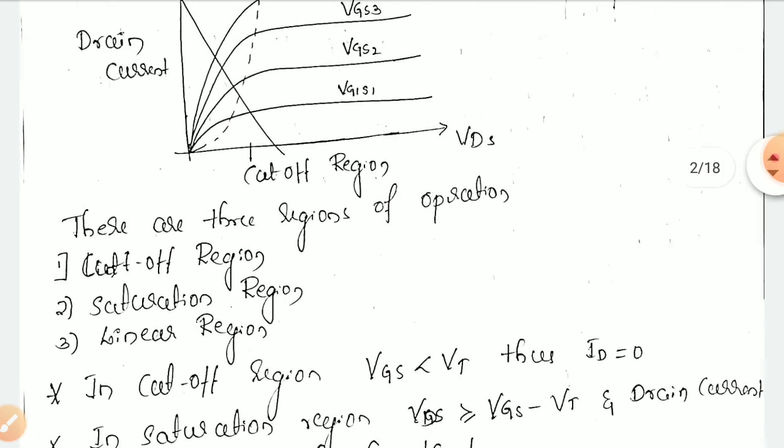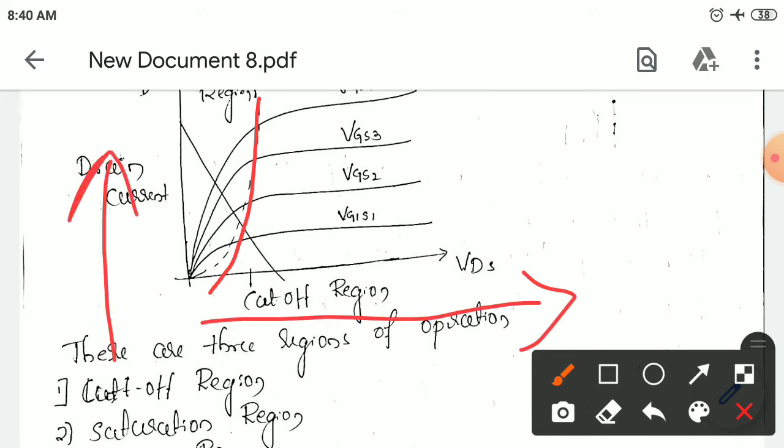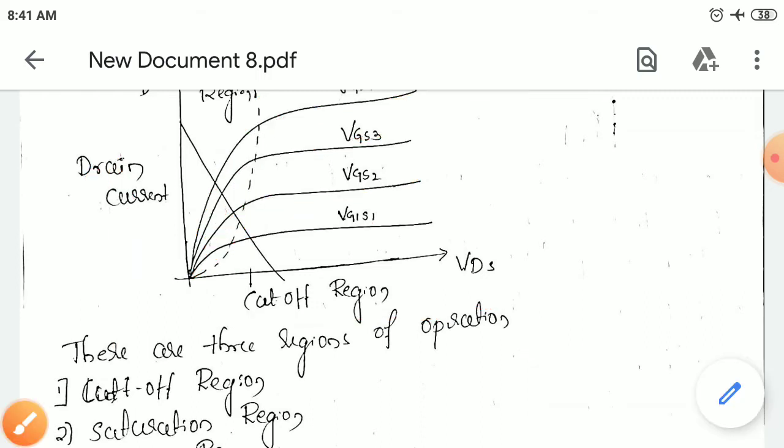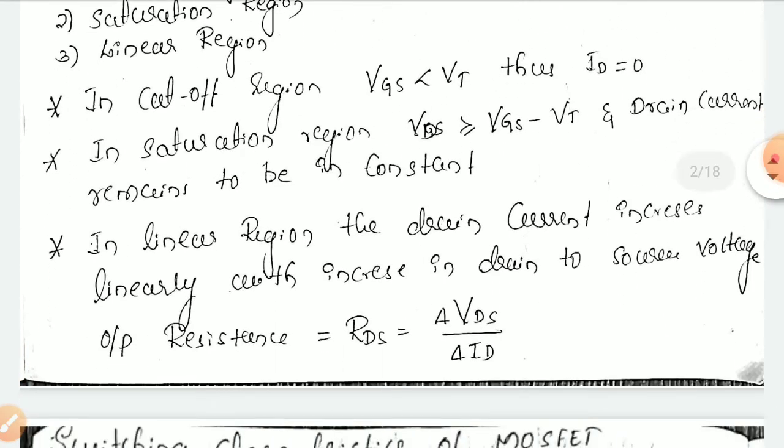By increasing VDS, the drain current increases linearly, for the second, third and fourth curves as well. So in the linear region, the drain current increases linearly with variation of the drain source voltage.